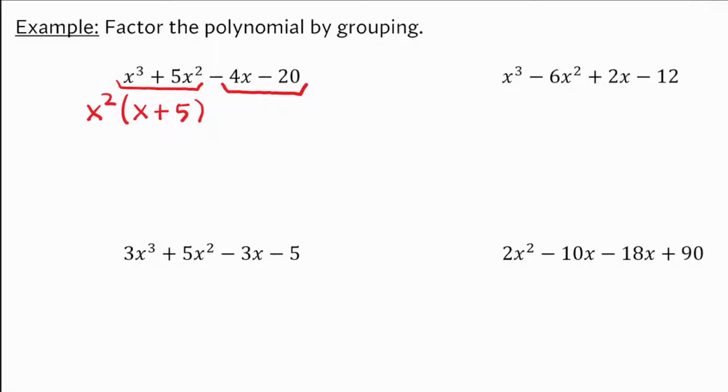Just the factor of 4 and the fact that they're negative. So I'll factor out a negative 4, and I'll be left with x plus 5. Then I'm going to factor this binomial, because just like before, I'm seeing a common factor of a binomial. So I factor out x plus 5, and I'm left with x squared and minus 4.